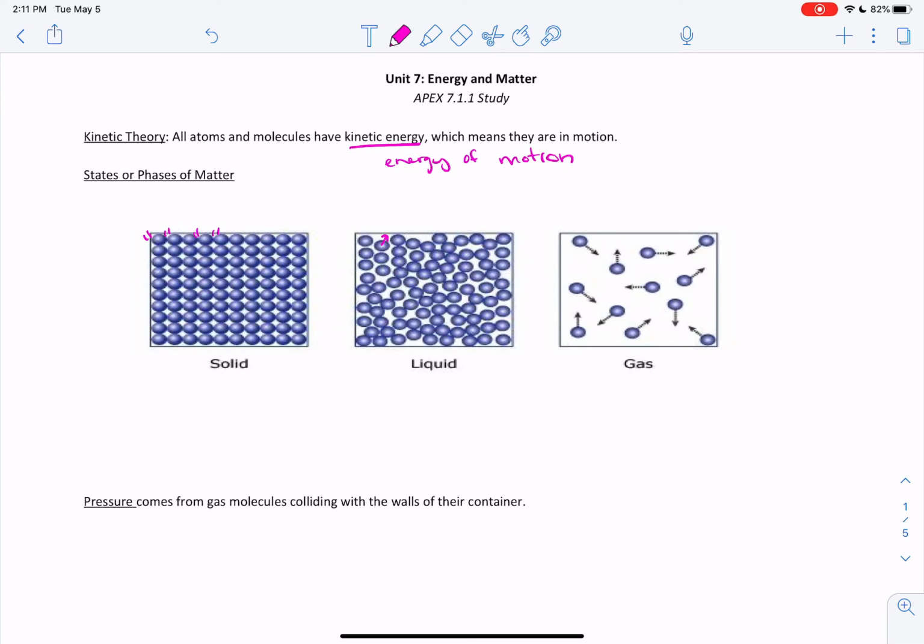Liquids are moving a little bit more. So we used to draw tiny arrows to represent that. And then gases, of course, are moving the most. So as we go from solid to liquid to gas, we increase our kinetic energy. And that just means that we are increasing the motion.